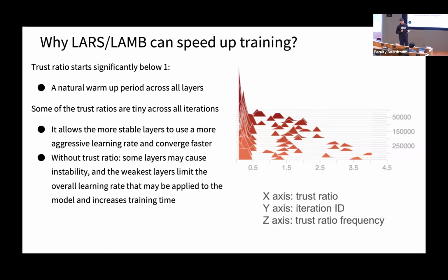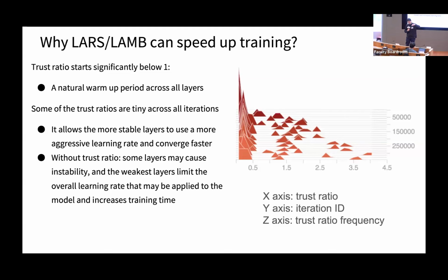The second dimension, the vertical dimension, is the iteration number, and there is also a third dimension: how many trust ratios are in this range? You see, in the beginning, almost all the trust ratios are tiny. That means that's a natural per-layer warm-up.